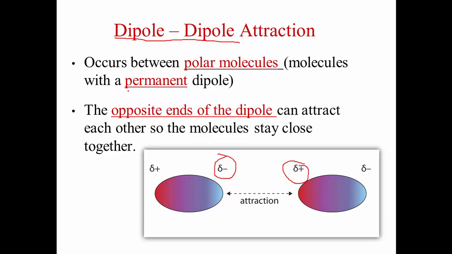So it's a permanent dipole, a permanent polarity, and the opposite ends of the dipole attract each other so the molecules can stay close together. So molecules that attract each other by dipole-dipole are often liquids, sometimes very soft solids, but they're not brittle solids with strong bonds like ionic.